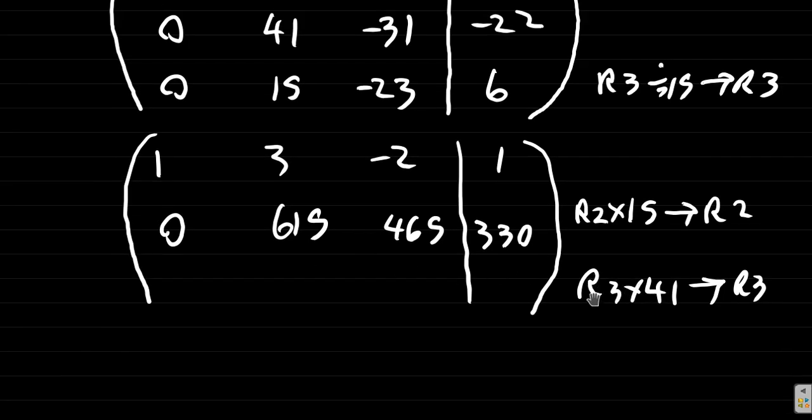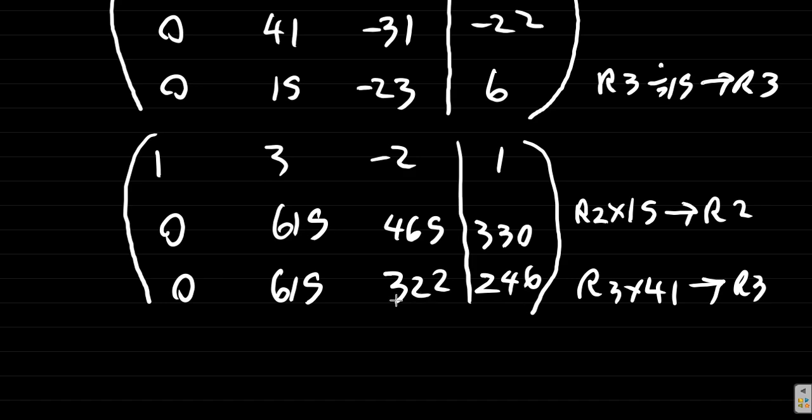Then row 3 times 41. 0 times 41 is 0. 15 times 41 is the same 615. That's the strategy. That's what we wanted. Negative 23 times 41 will give us 322. And then 6 times 41 will give us 246. All right.